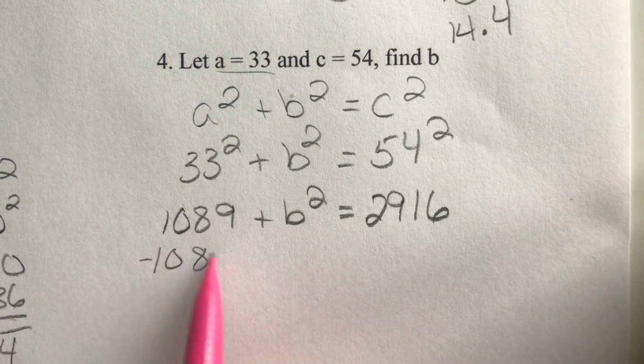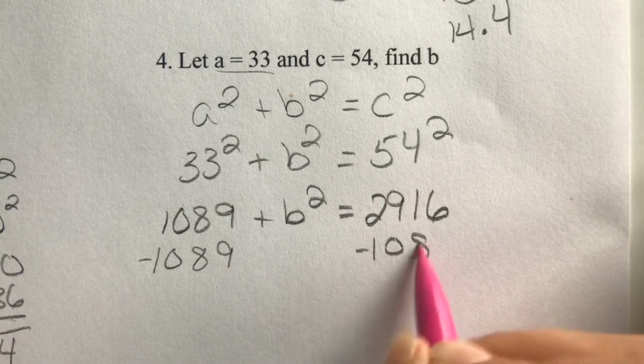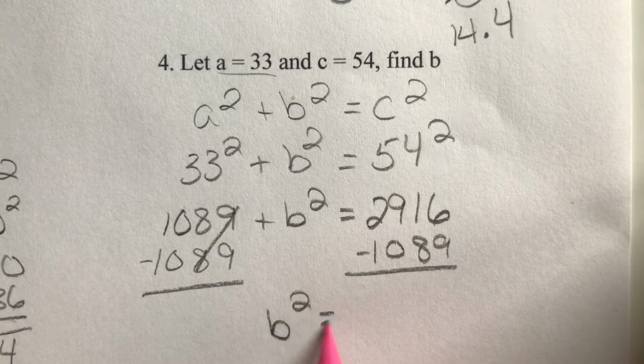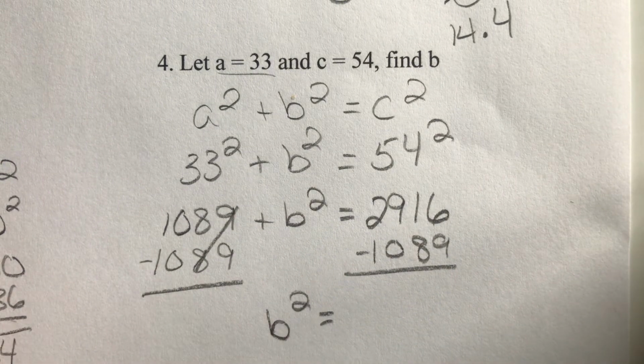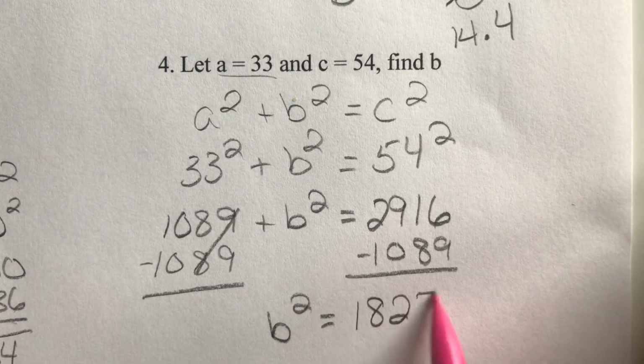So I'm going to subtract 1,089 from both sides. And I've got 1,827.